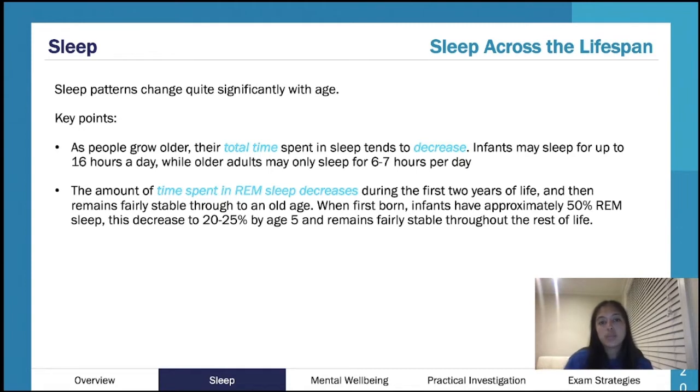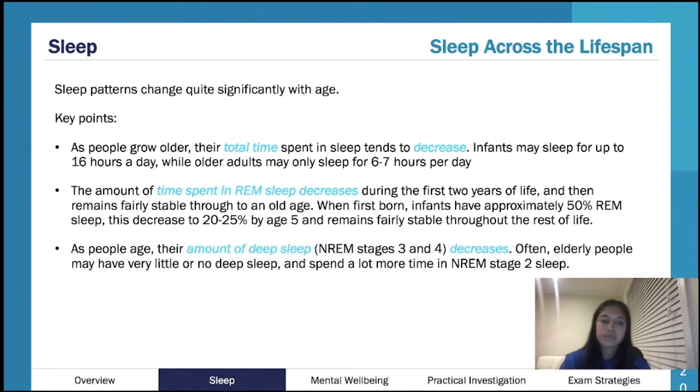As you age, the proportion of your REM sleep is decreasing. So before, the proportion was half of your time in sleep was spent in REM, and then now it's a quarter, and then now it's like a fifth. So proportion as opposed to time can be a good way to remember that in your head.